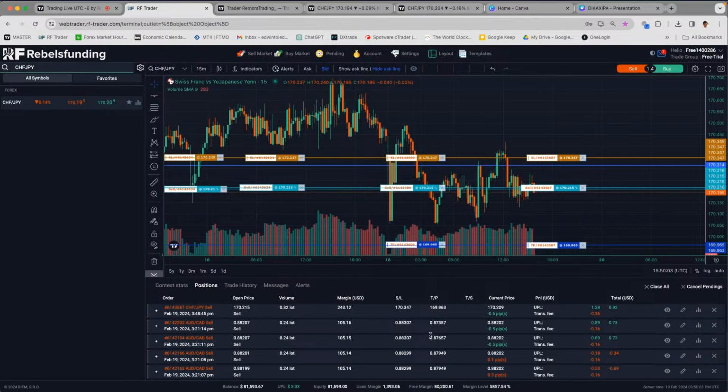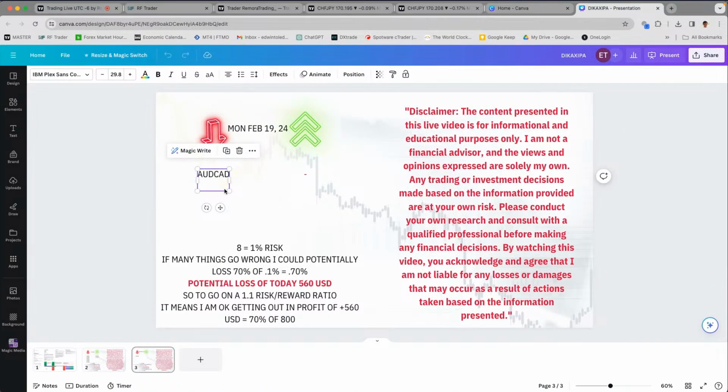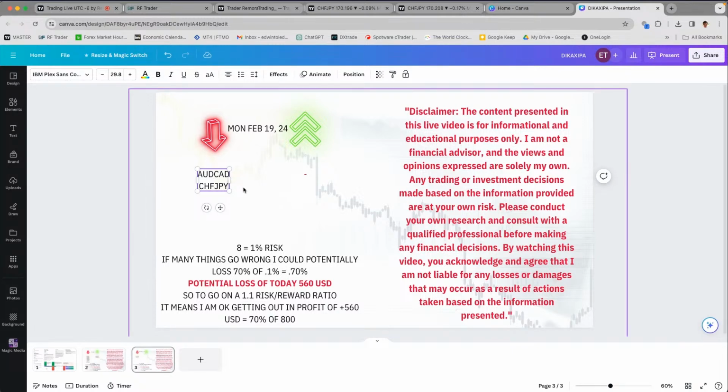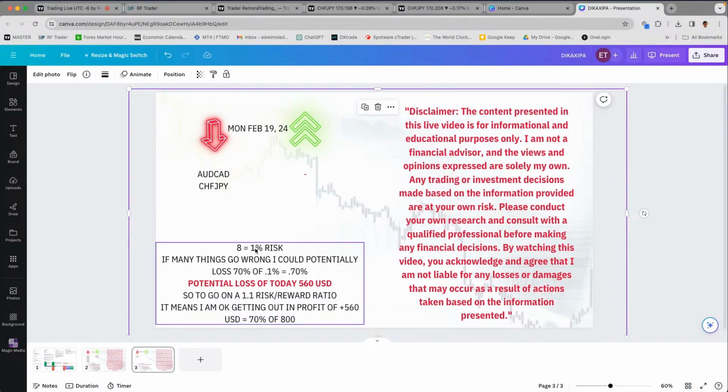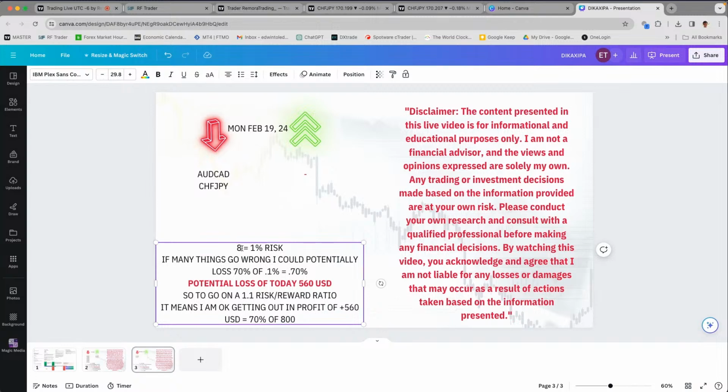CHF Gen and AUD CAD. Okay. CHF Gen, AUD CAD. Right now it's two entries, probably 0.25 risk, something like that. I don't know how much it's equal to.